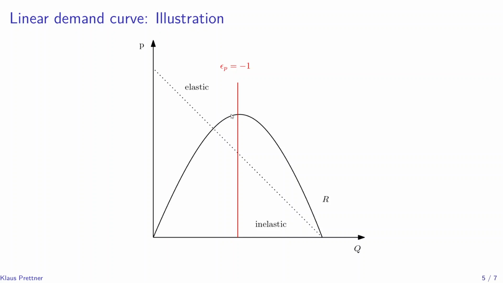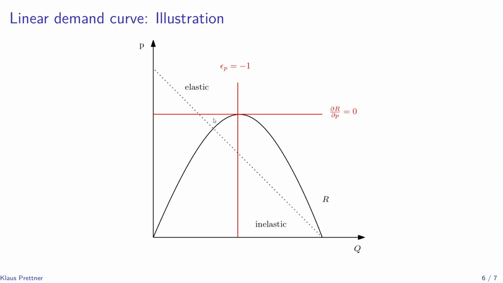And that would be exactly this point here, where the slope of the revenue curve is 0, so where we are at the maximum point. And that's the reason why, if you want to maximize a function, you would do so in analysis by taking the derivative of this function and setting it equal to 0.